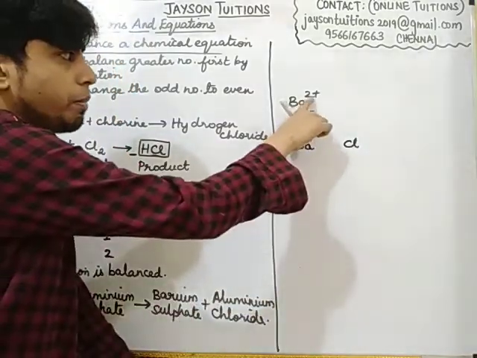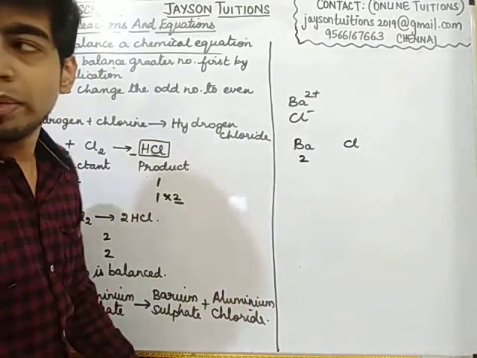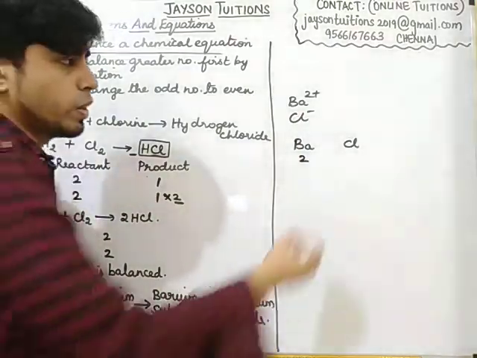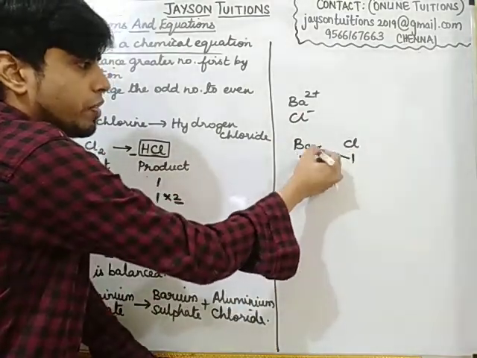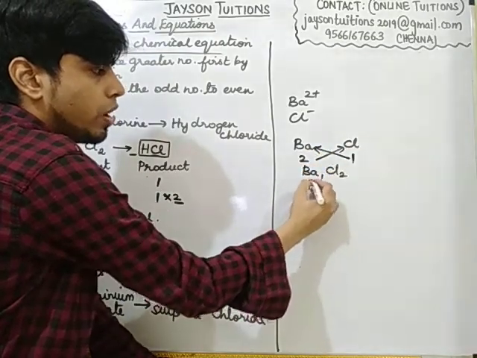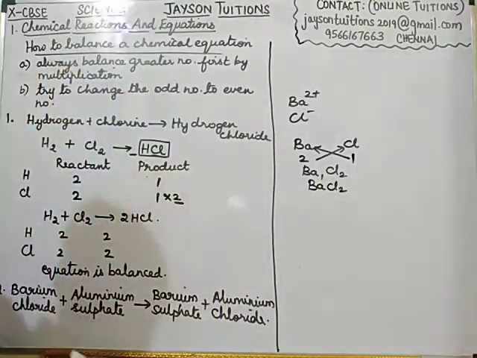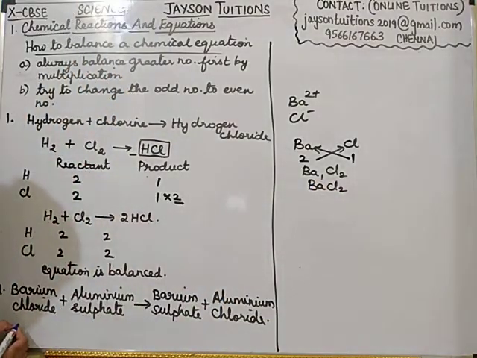The charge for barium is 2 and for Cl it is minus, which means minus 1, so it is 1. If I crisscross, I will get Ba1 Cl2, or simply BaCl2. So barium chloride, the formula is BaCl2.